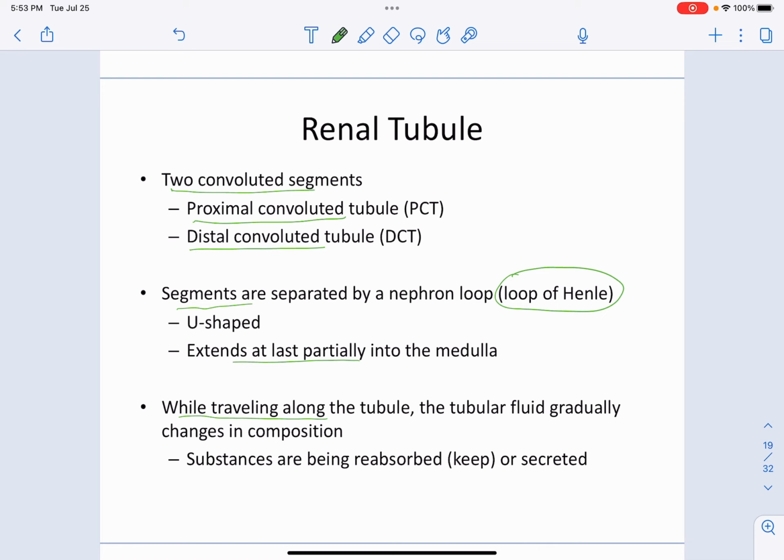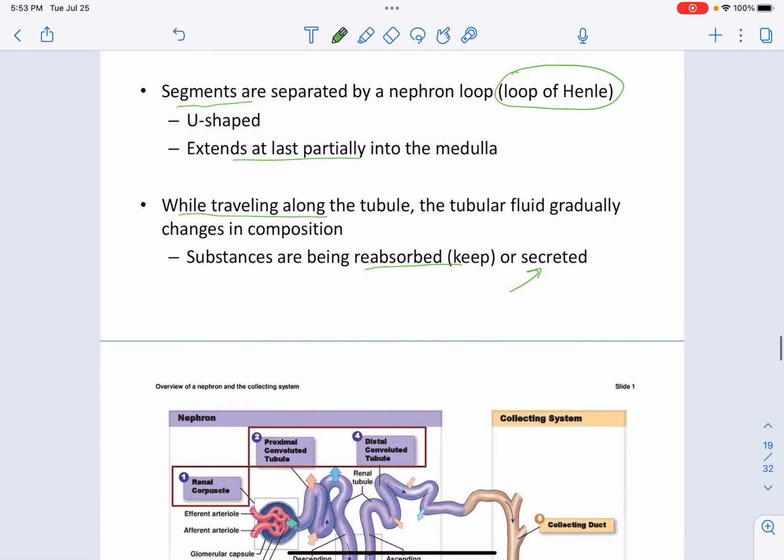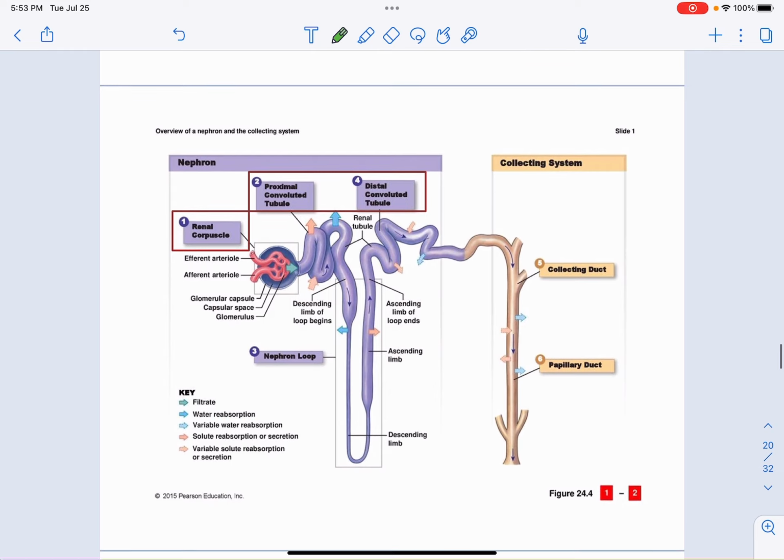Substances can be reabsorbed. We can decide we need more calcium, or more sodium, or chloride, or any of these ions, and we're going to keep it. Or we have too much of that, and we're going to secrete it. That's what's happening in this renal tubule system.